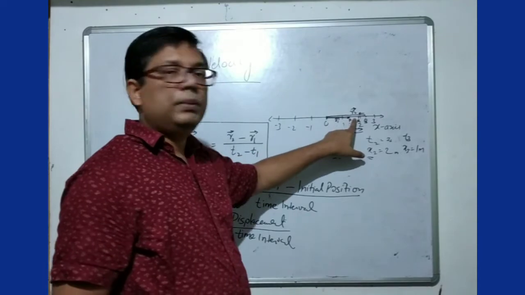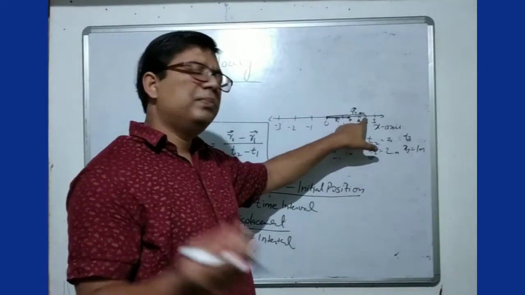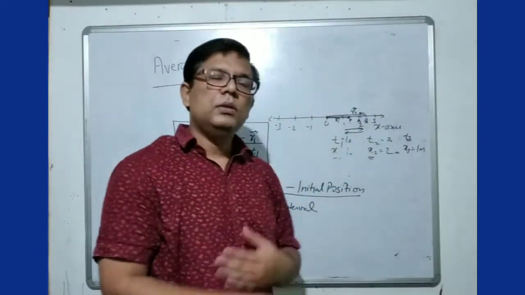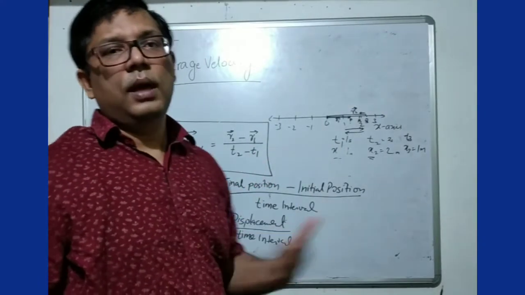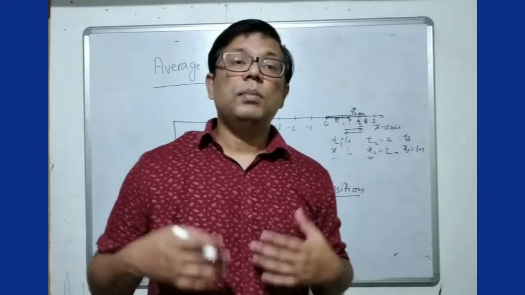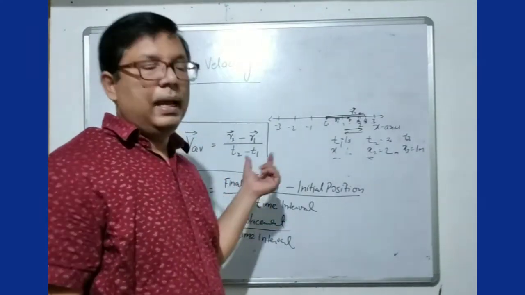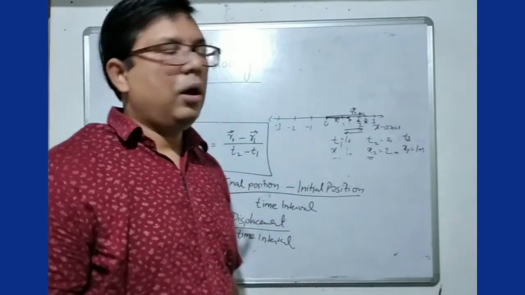That will come positive because displacement is positive. But for some time we have moved in the negative direction, and that is not covered by this average velocity. So somehow we have to reduce this interval to catch this motion of the object.